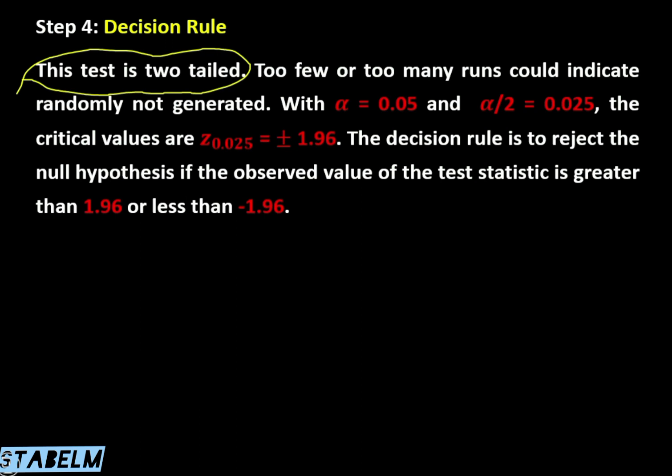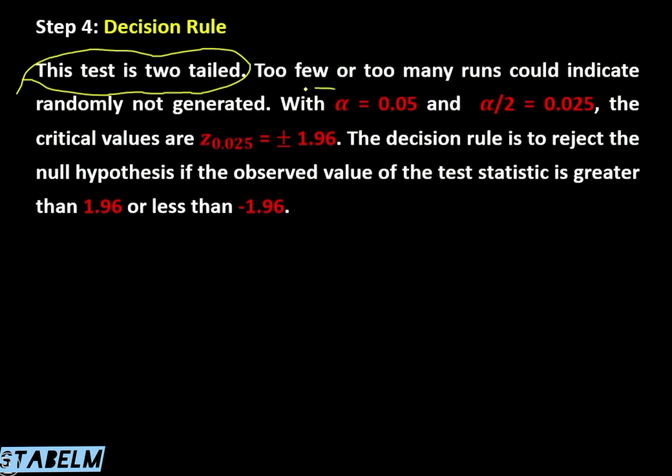If it is too few or too many, it means the value will not fall between the critical values, so it falls out of the critical region, and we will have no option but to reject the null hypothesis.